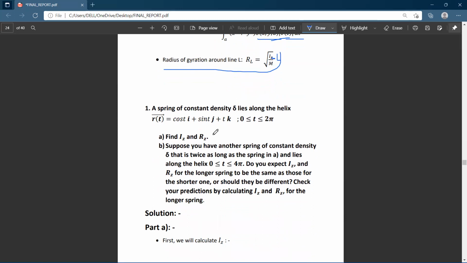So this is the problem statement. A spring of constant density delta lies along the helix vector r(t) = cos t i + sin t j + t k. We have to find the moment of inertia about the z-axis and the radius of gyration for this given data.